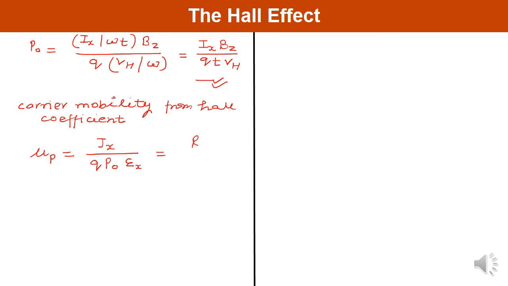So this can be written as RH, the Hall coefficient, upon rho, where rho is the resistivity of the semiconductor.